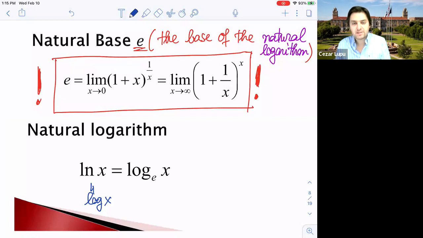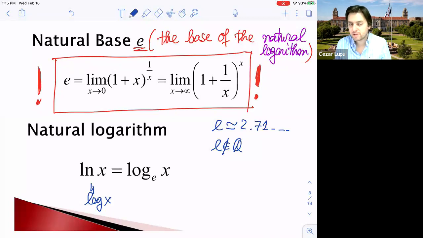You see, this e is this special, very mysterious number. It's approximately 2.71 and so on. It's an irrational number, not a rational number, it cannot be expressed as a fraction. Anyway, it's an alien, I would say. It's even more than irrational.